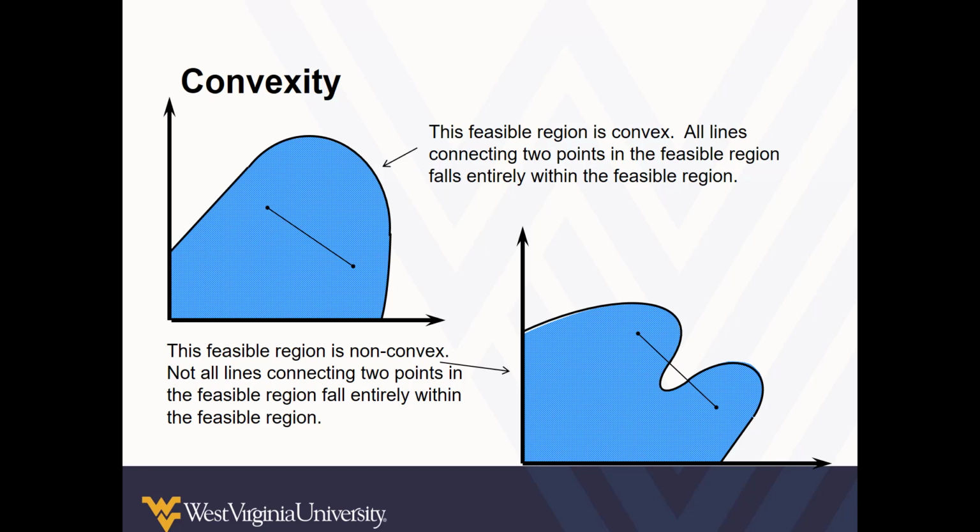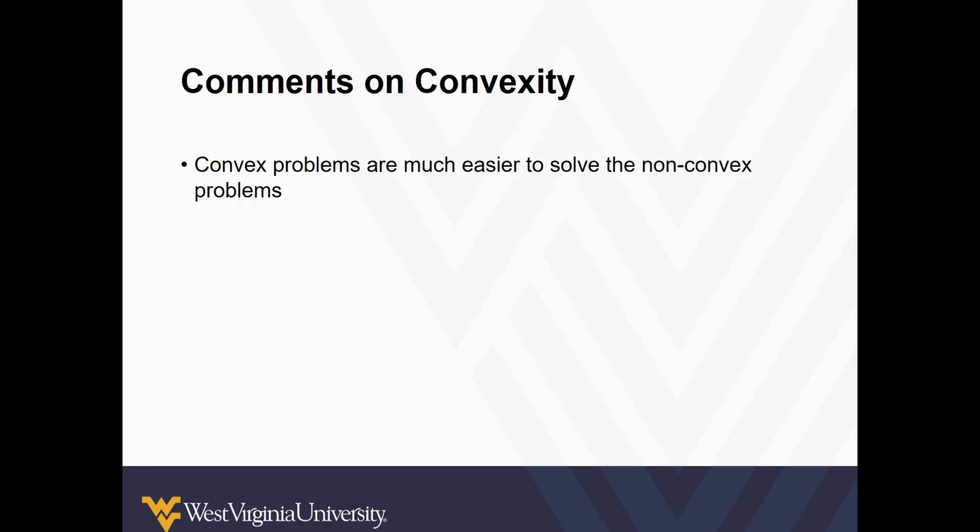So in the graphic on the left-hand side, the feasible region is convex, so all lines connecting 2 points in the feasible region fall entirely within the feasible region. But the other one is non-convex, so not all lines connecting 2 points in the feasible region fall entirely within the feasible region.